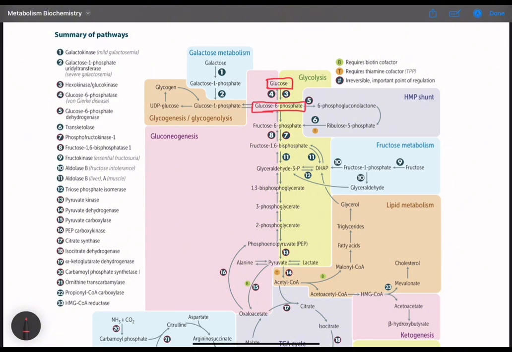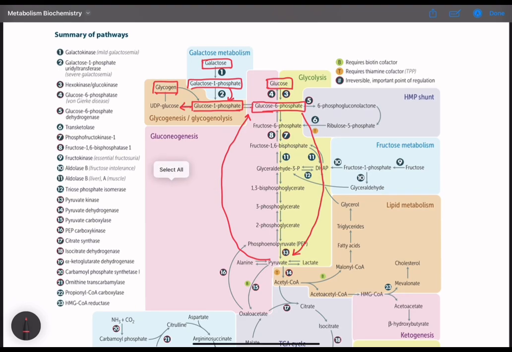Then glucose 6-phosphate can go on to form pyruvate through glycolysis, or pyruvate can become glucose 6-phosphate through gluconeogenesis. But there is an offshoot: glucose 6-phosphate is converted into glucose 1-phosphate, and galactose can also feed into this pathway. Galactose is converted into galactose 1-phosphate, and from there into glucose 1-phosphate. This glucose 1-phosphate can be converted into glycogen, and the reverse can also happen.